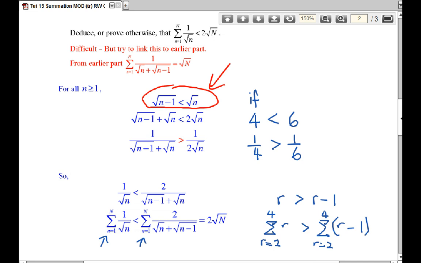All I can say is we have to spot that you need to prove an inequality. So somehow you have got to introduce an inequality. And how did the inequality come in? You have to draw the link between this and this: the root n and the denominator of this, which is root n plus root n minus 1. So that's all I can say.